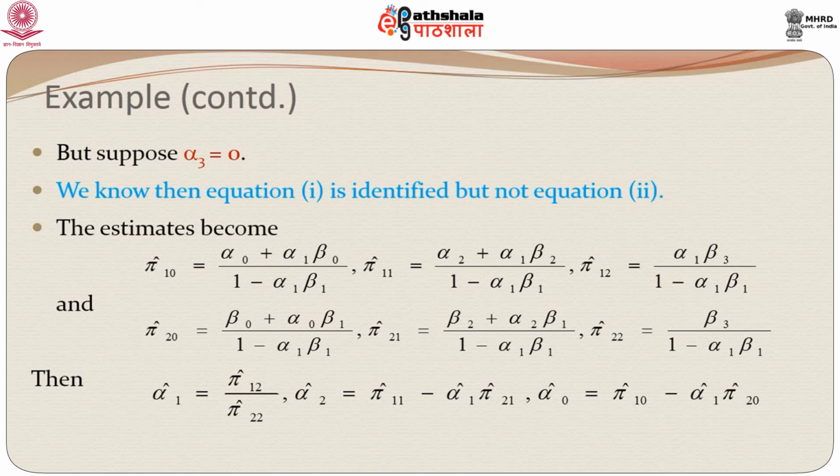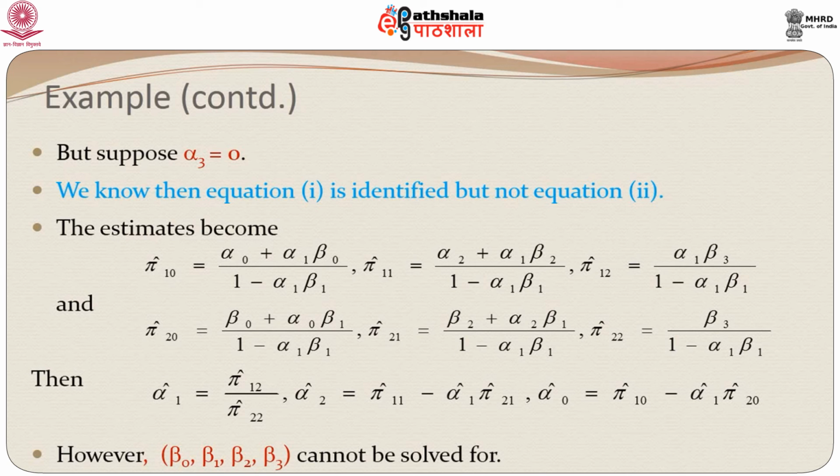Similarly, a little algebra would show you that we can solve for alpha 2 hat and alpha naught hat as well. Problem is, we still cannot solve for beta naught, beta 1, beta 2 and beta 3. So, the first equation parameters are estimable, but not the second equation parameters.